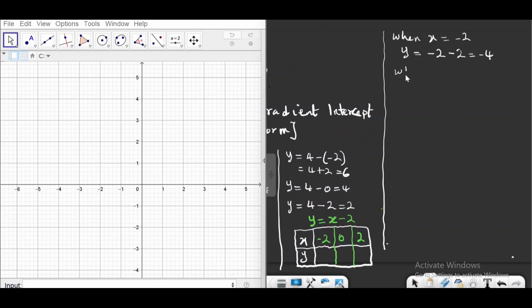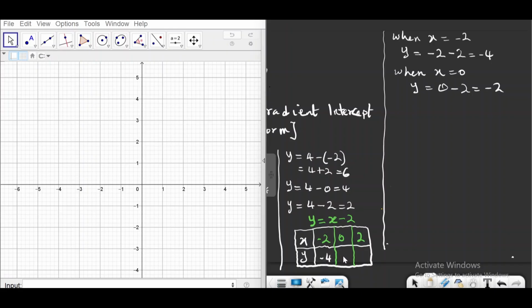We go again to check when x is 0, y is going to be 0 minus 2, so that's -2. So when x is -2, I got -4 here.